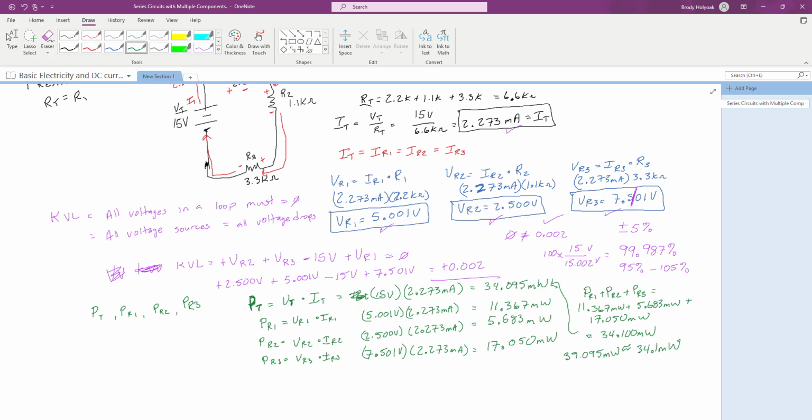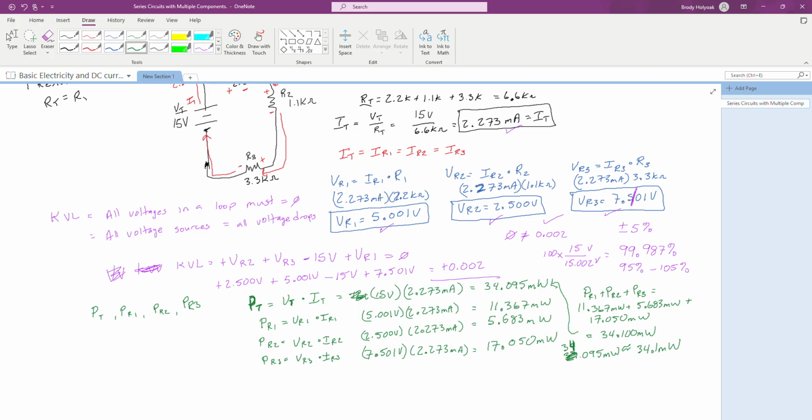But if we look at our difference, I wrote this number wrong right here. This should be 34, not 39. I think I said the wrong number when I added them together. It should be the 34.095.